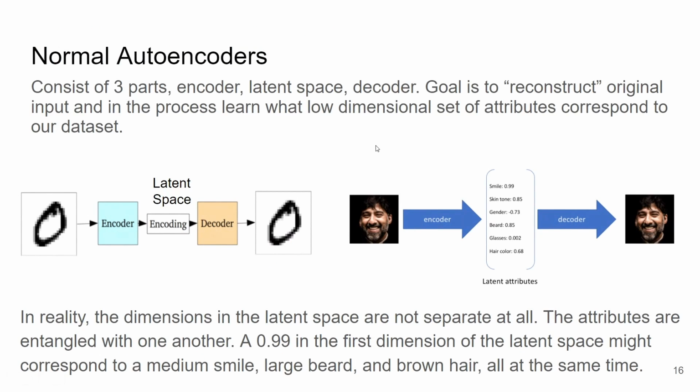So essentially, autoencoders are a type of machine learning model that consists of 3 different parts. We have an encoder, a latent space, and a decoder. And the goal of the autoencoder is to basically reconstruct the original input, and in the process, it learns what low-dimensional data corresponds to our data set. So in this case, this is a good model of what an autoencoder looks like.